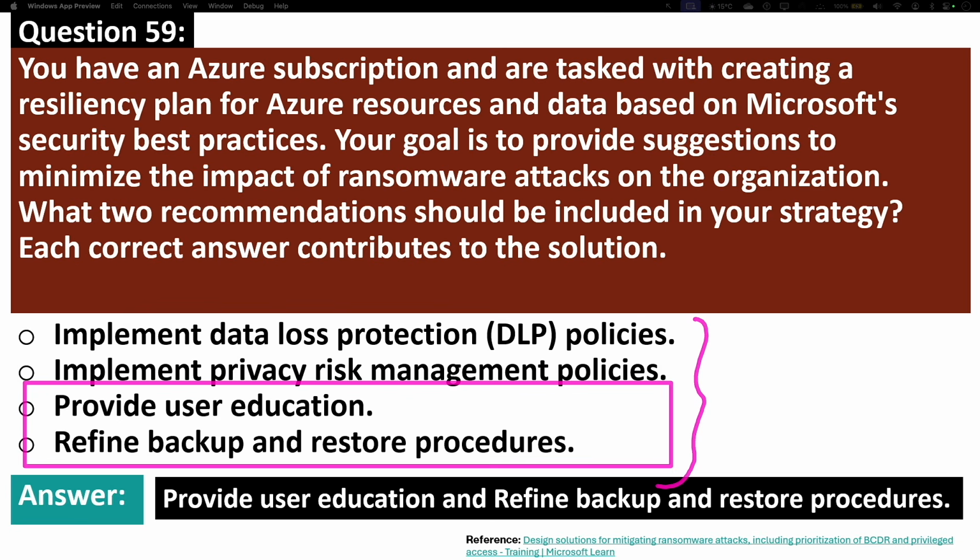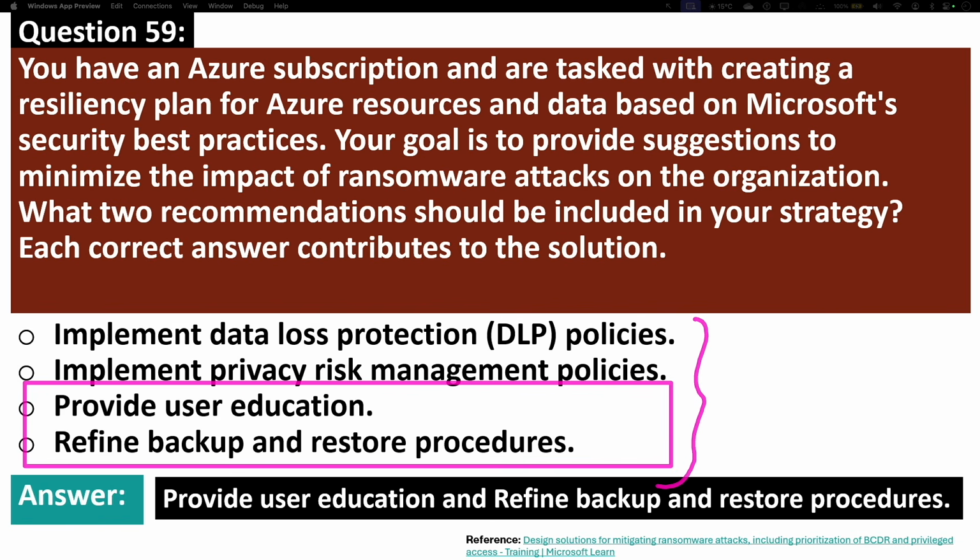See, these ransomware attacks have become a prevalent threat to organizations worldwide, causing substantial disruptions and financial losses. To mitigate the impact of such attacks, organizations must implement a comprehensive strategy that includes both preventive and reactive measures. So, what are the preventive measures you can use? One is user education.